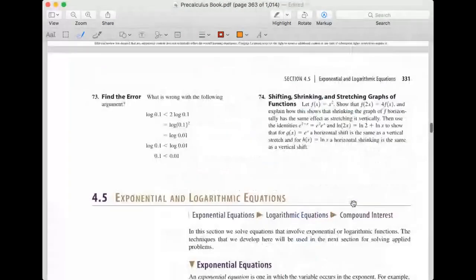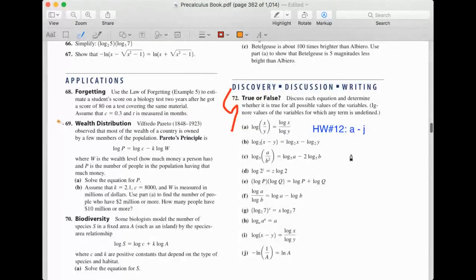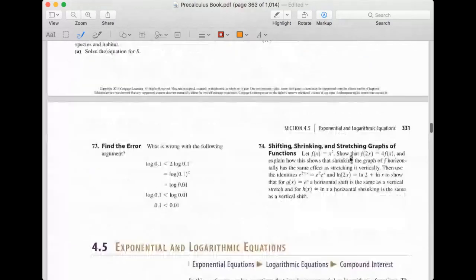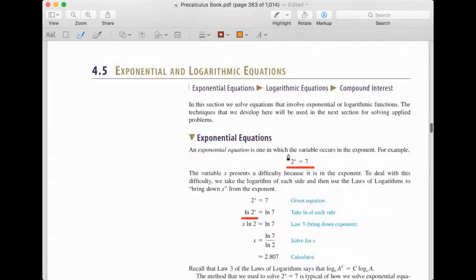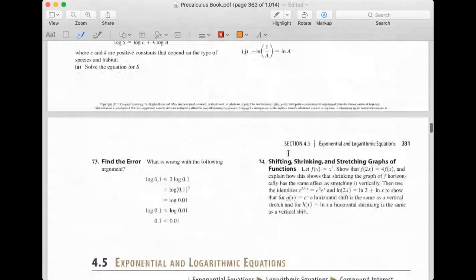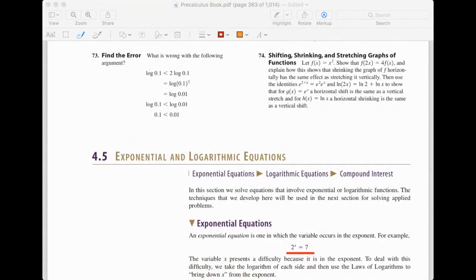Remember, I want you to do this part: section 4.4, homework number 12, 4.4, right, 4.472. Very important just to figure out which one is right, which one is wrong, and why they're right, why they're wrong.